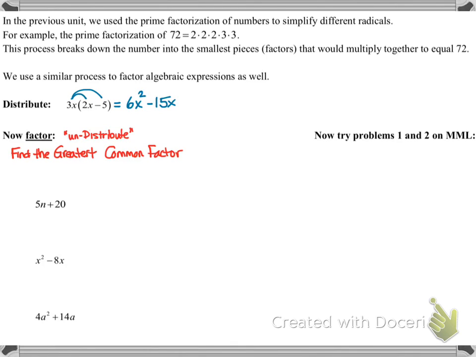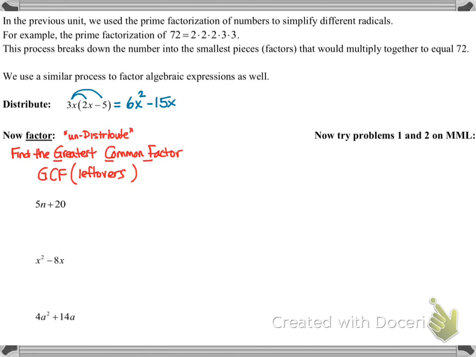Common means what they share. Factor means the component of the two pieces or numbers. You might remember this as being called the GCF. Once we find the GCF, we're going to pull that GCF out front, and then we're going to leave whatever's left over behind after we undistribute it, or divide it from each of the terms.